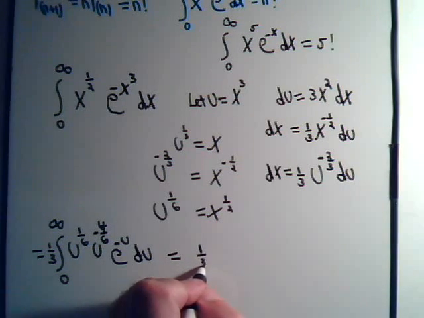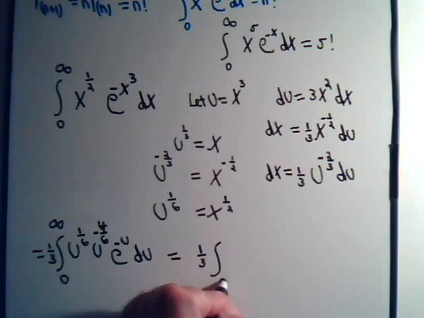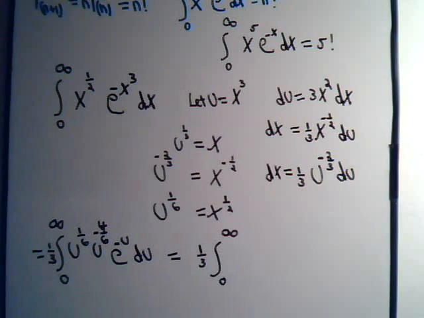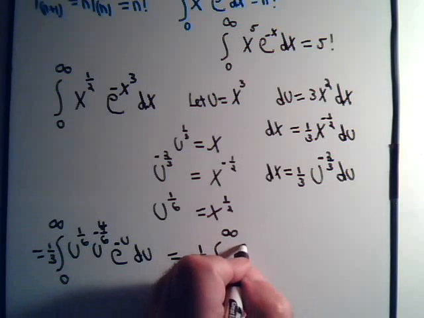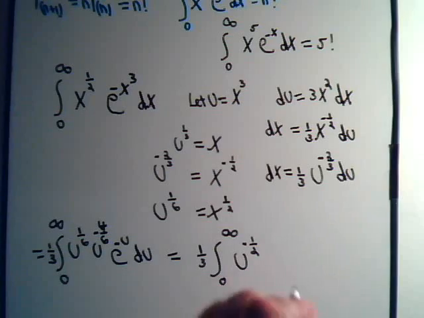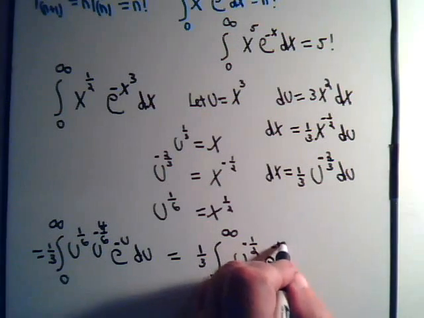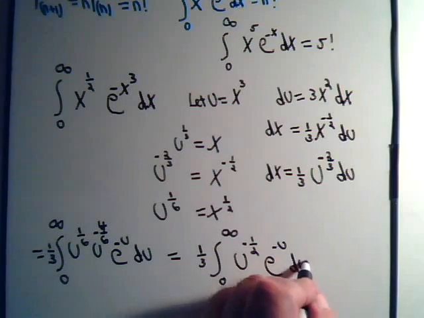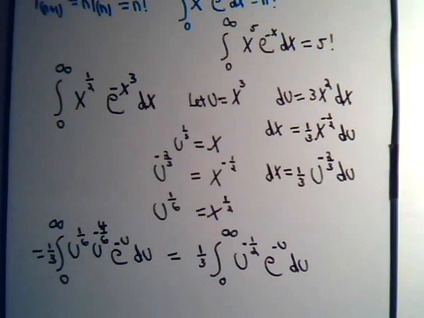1/3 times the integral from 0 to infinity. 1/6 minus 4/6, that's u to the minus 3/6. That's u to the minus 1/2 times e to the minus u du.